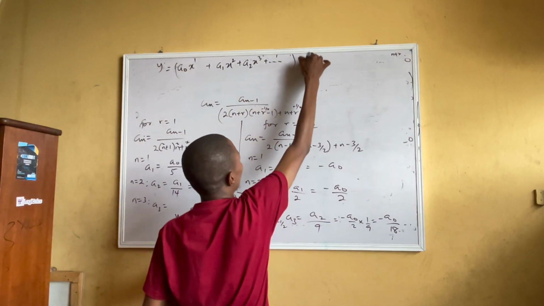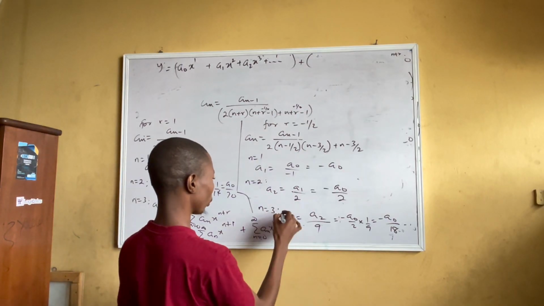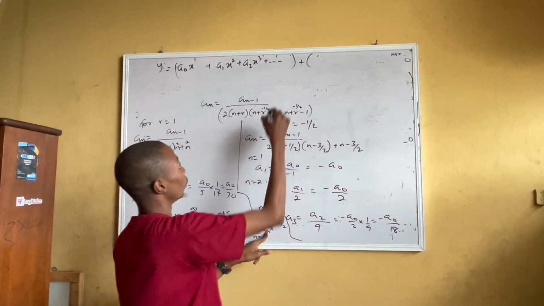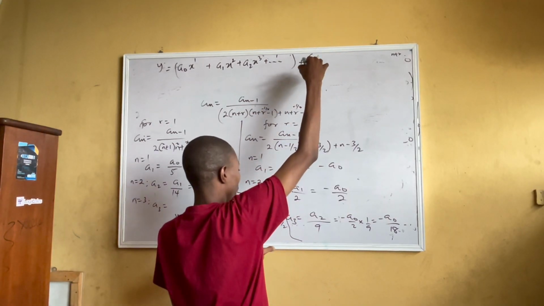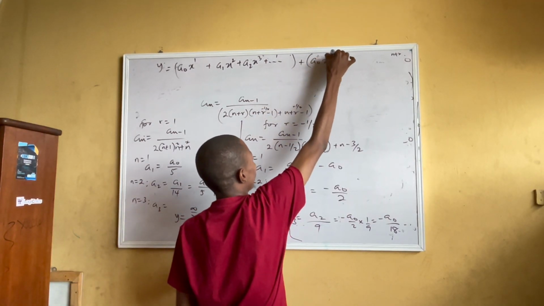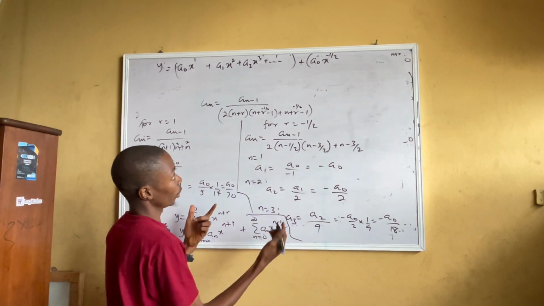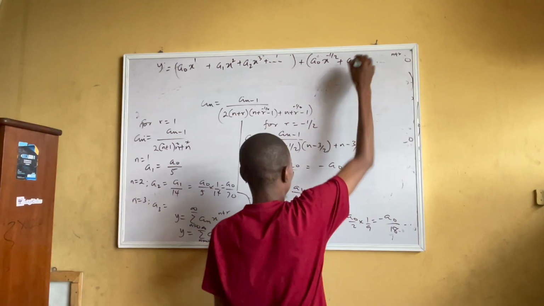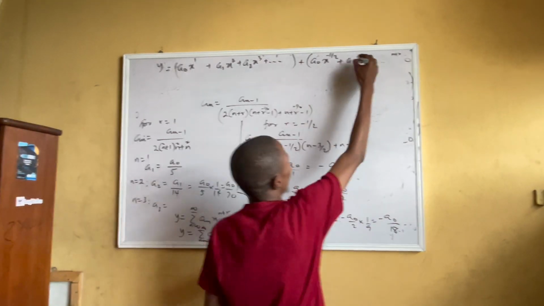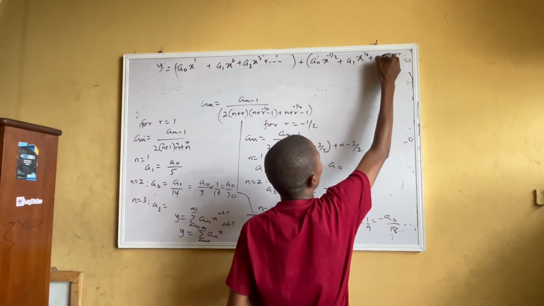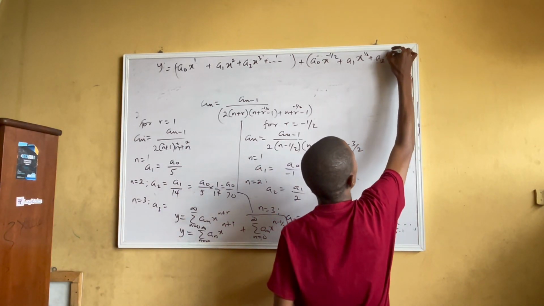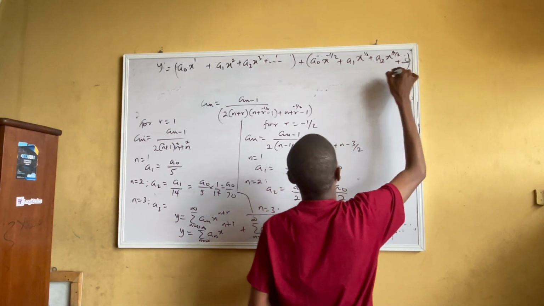Then for the other one, when n is 0, a0 x^(-1/2), because if 0 is here, it's just minus half, plus a1 x, if n is 1, 1 minus half is half, okay? a2 x^(2-1/2), that's 3 over 2, x^(3/2), plus dot dot dot and stop.